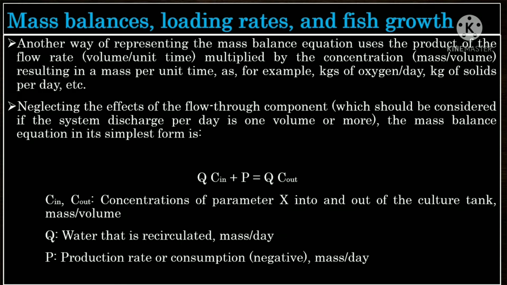So another way of representing the mass balance equation uses the product of the flow rate, the volume per unit time, multiplied by the concentration, the mass over the volume, resulting in mass per unit time, for example kilograms of oxygen per day and kilograms of solids per day, etc., neglecting the effects of the flow through the component, which should be considered if the system discharge per day is 1 volume or more.